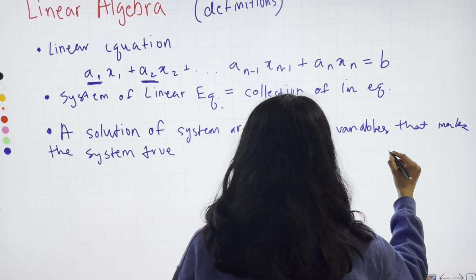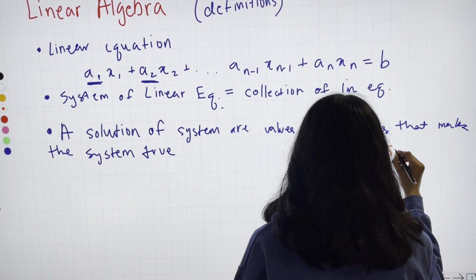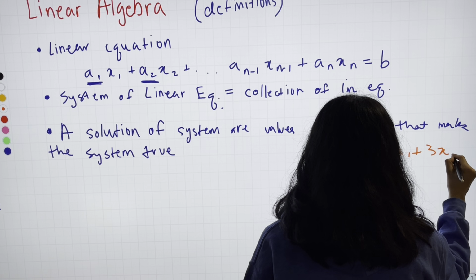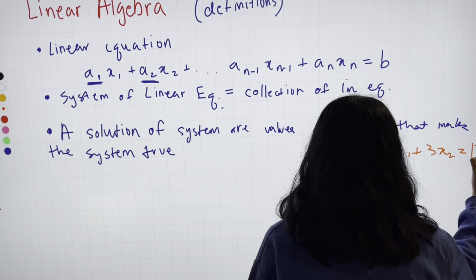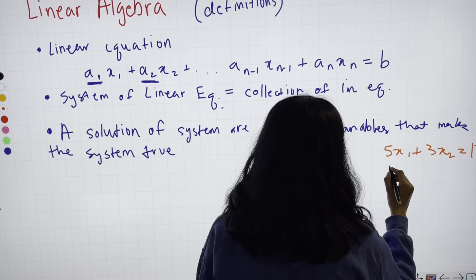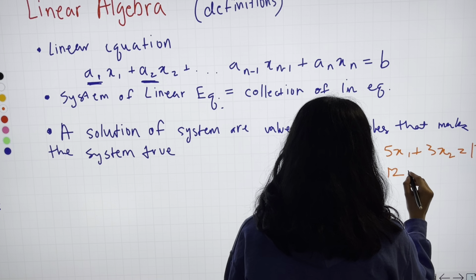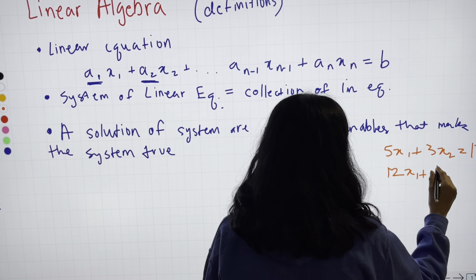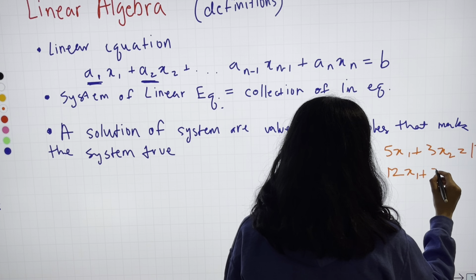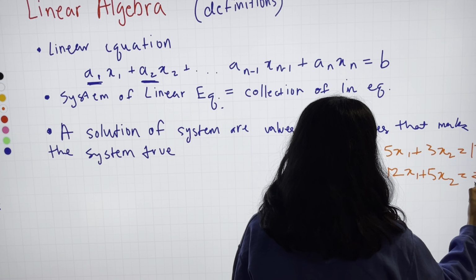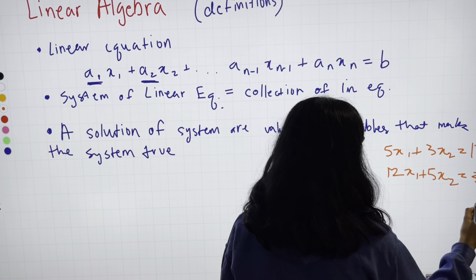So, okay, let's just say that 5x1 plus 3x2 equals 13, and, I don't know, 12x1 plus 5x2 equals 34 or something, right?